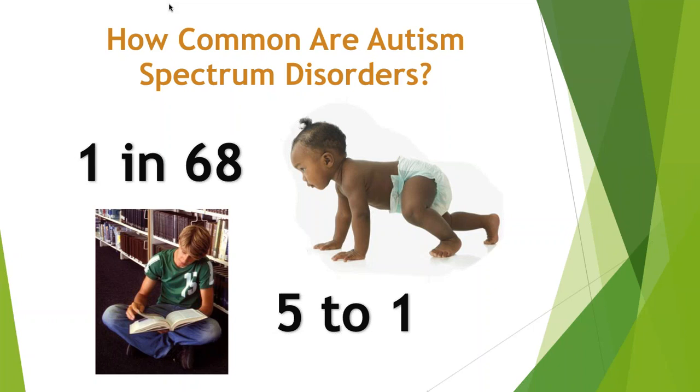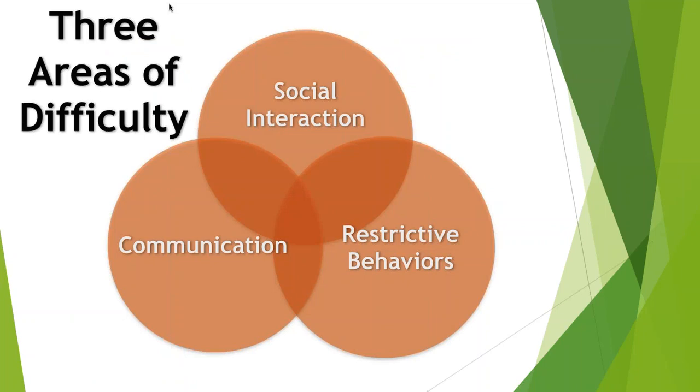Right now, there are about 3.5 million Americans living with autism spectrum disorder, so the likelihood is that you have people who use your library with ASD, and you will continue to have folks with ASD using your library in the future. So that's a little bit about the statistics of autism spectrum disorder.